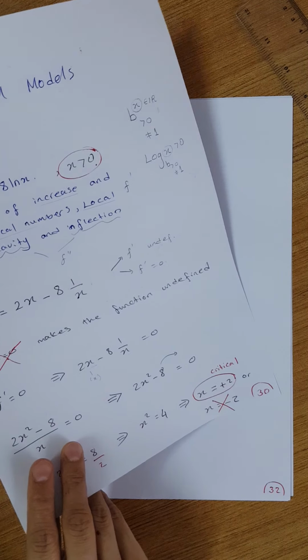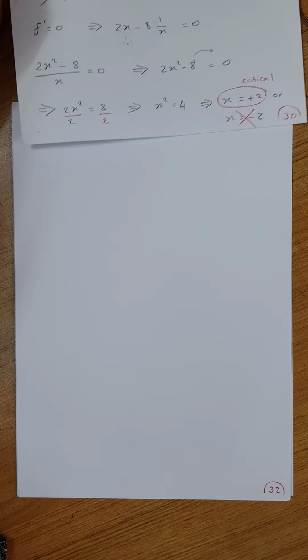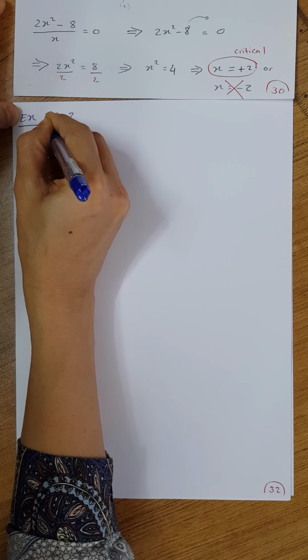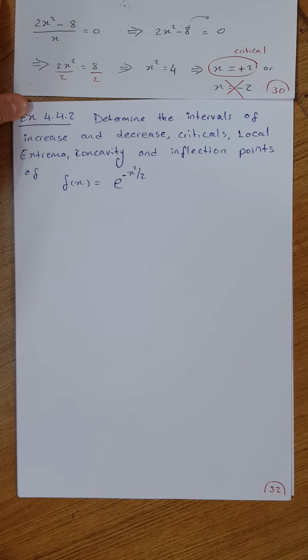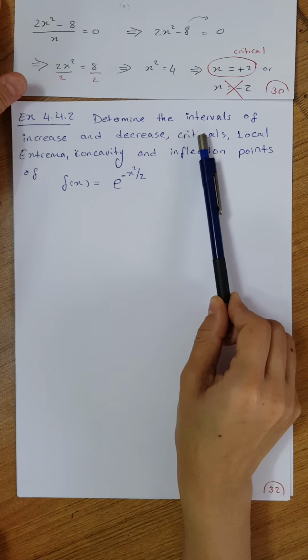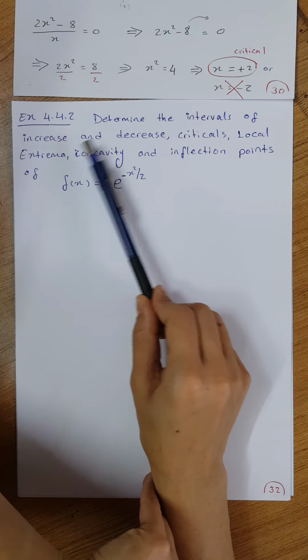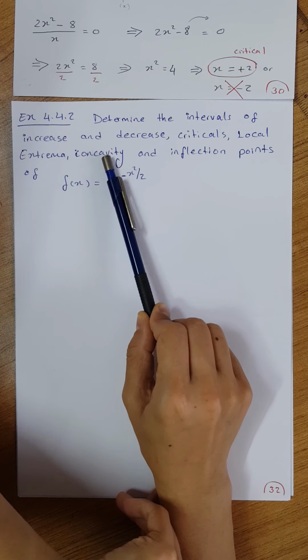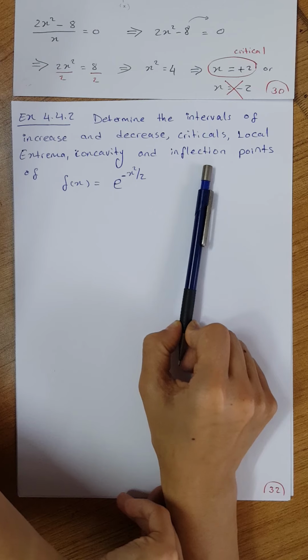Let's move to the other example that's given in the material, but I will simplify it a little bit for you. We have example 4.4.2. In that example, it's again required from us to find the intervals of increase, decrease, critical numbers, local extrema, concavity, and inflection points.